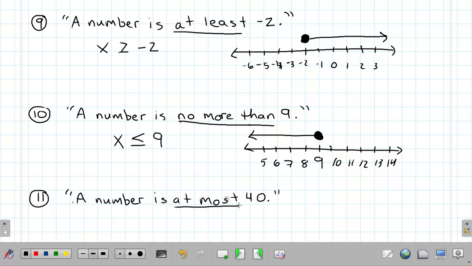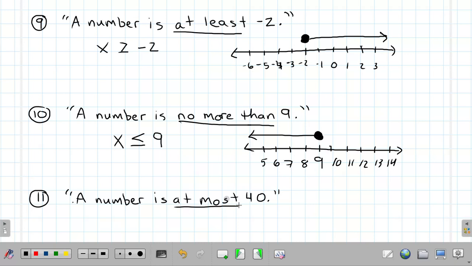Well, what does it mean if something's at most 40? Once again, it's telling you, kind of like number 10, that 40 is the most of whatever it is can be. So you could be saying there are at most 40 tiles in the floor.